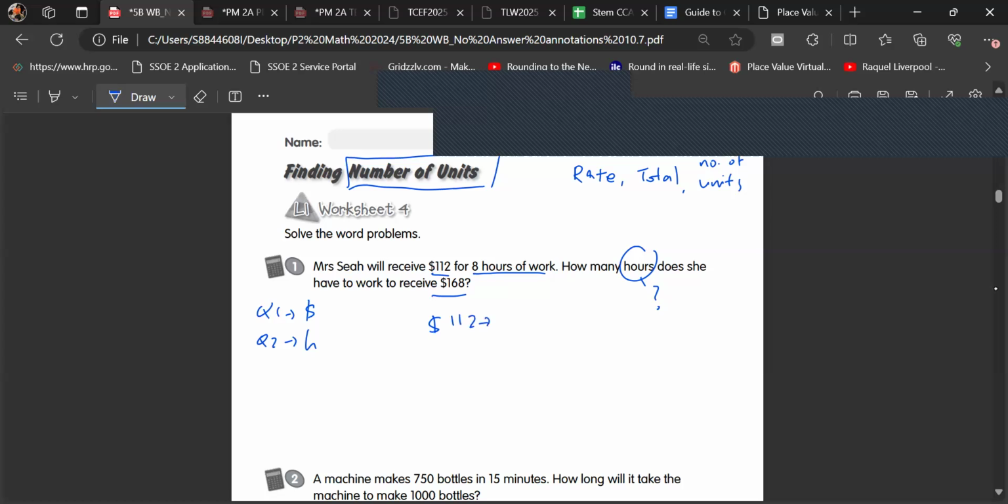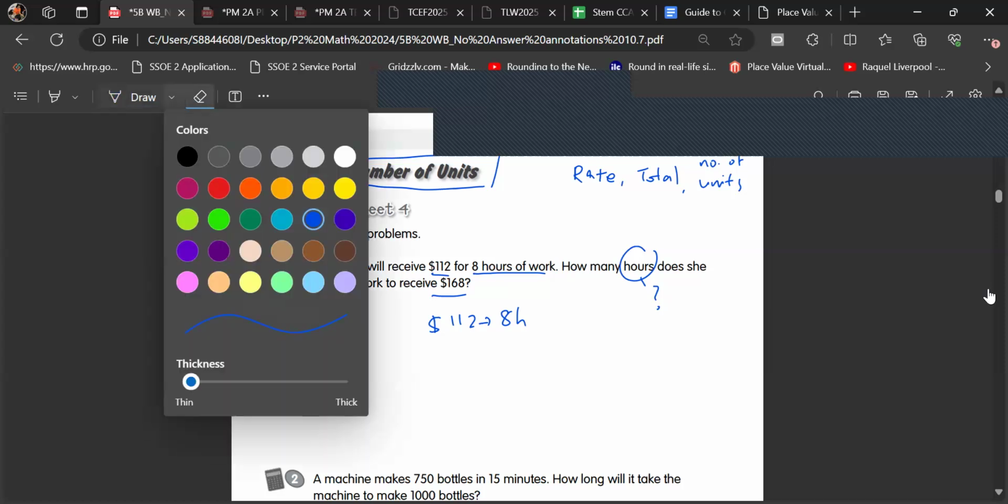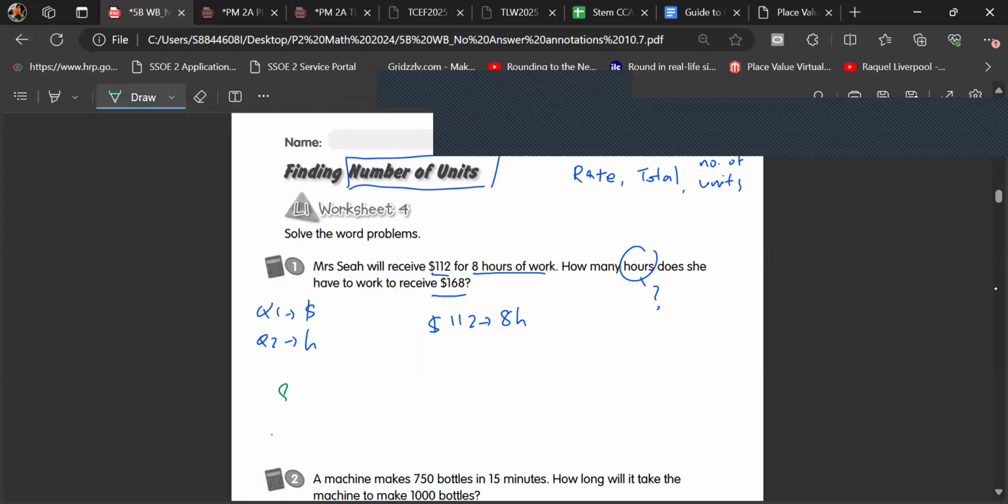$112 is for 8 hours of work. Instead of writing 8 hours is 112, and then 1 hour is 112 divided by 8, this is not what I'm going to do.